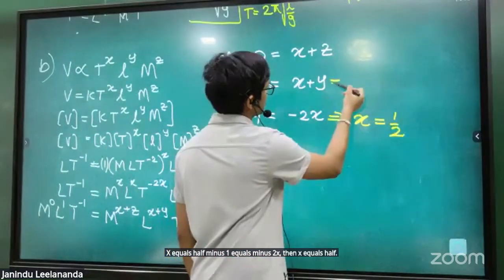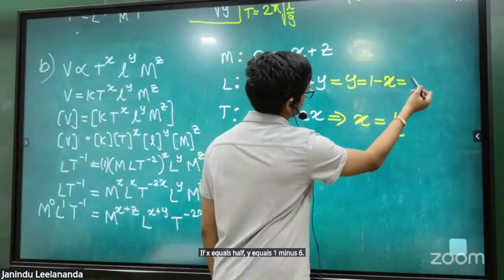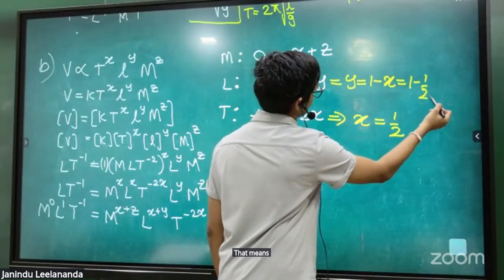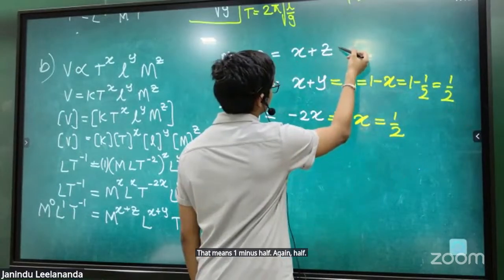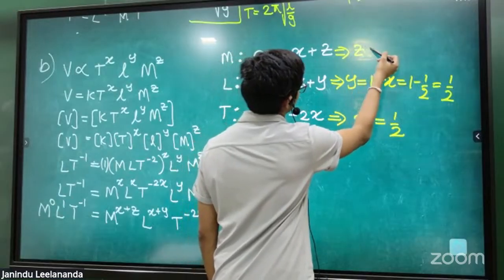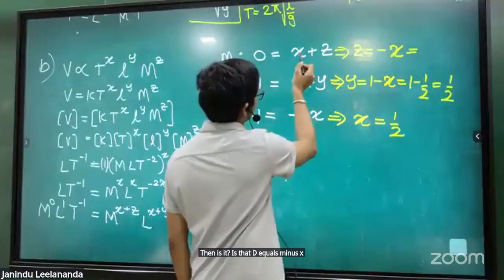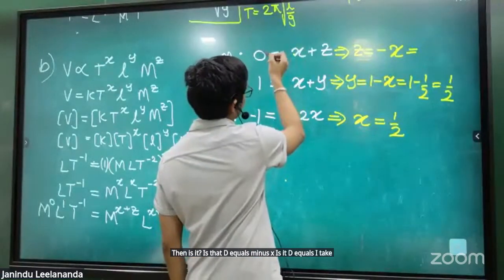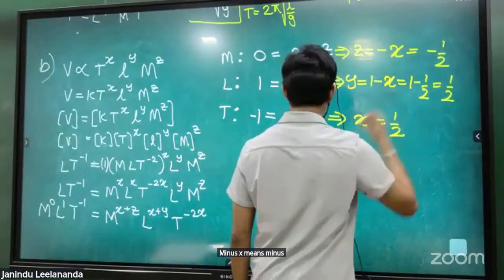If x equals half, y equals 1 minus x. That means 1 minus half, again half. Then z equals minus x. I take x here, then minus x means minus half.